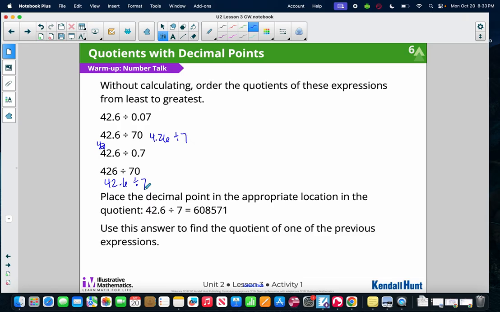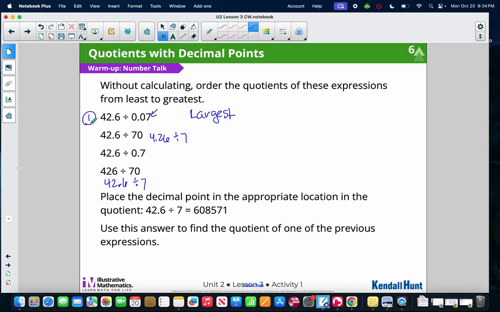The smaller the number I divide by, the larger my answer. So now that I have all these written as 42 and 6/10 divided by 7, 7/100 is the smallest divisor, so that's going to give me the largest quotient.